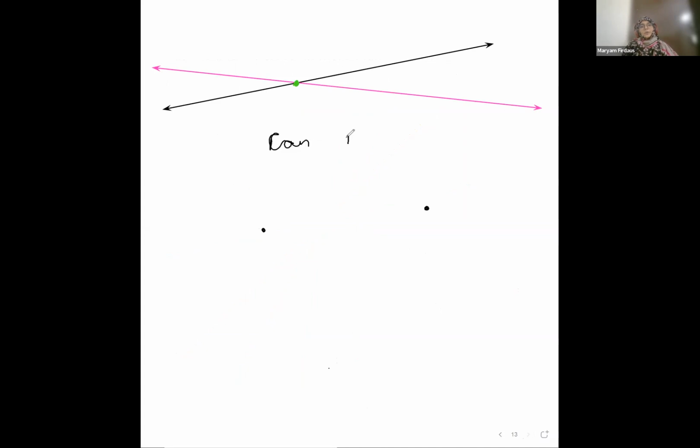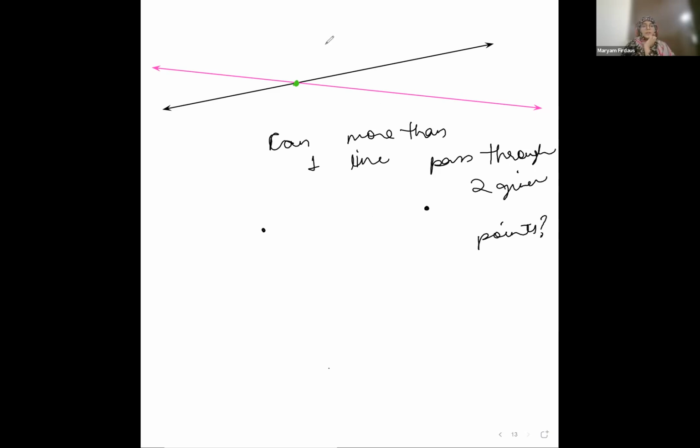Can more than one line, not intersect, can more than one line pass through two given points? Given points means these two are fixed points. You can't move them. Let's say this point is A and this is B.